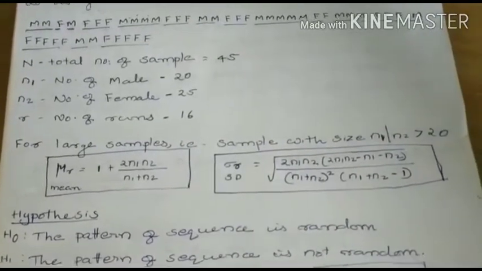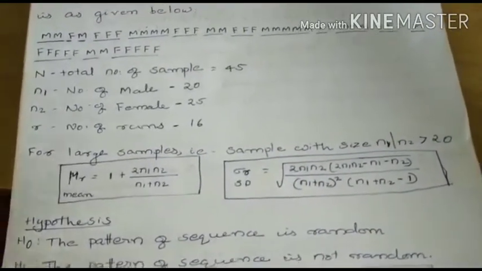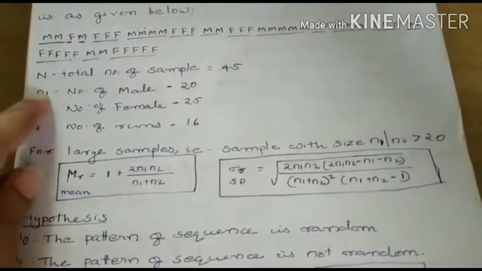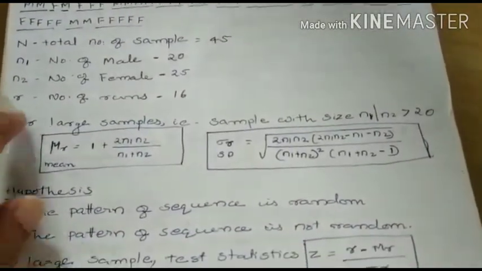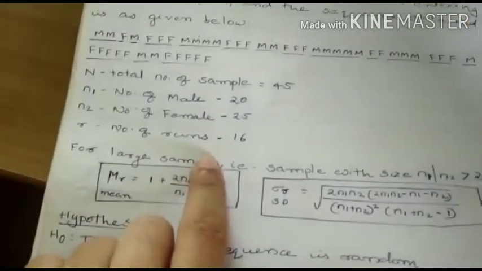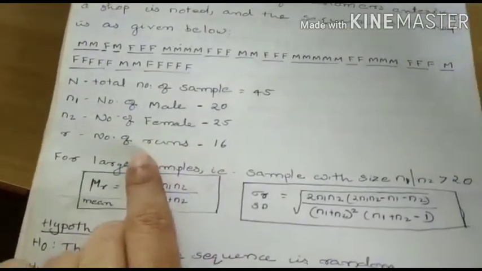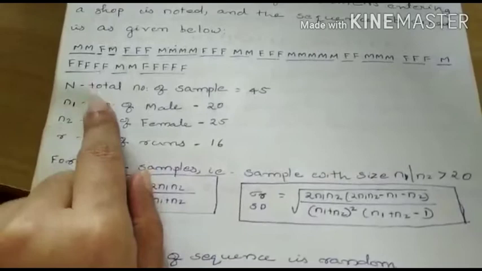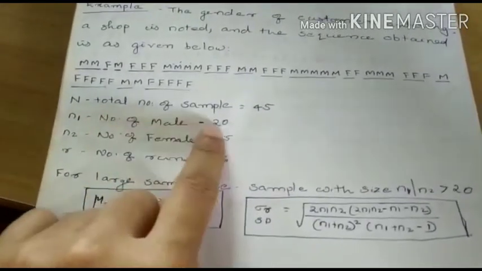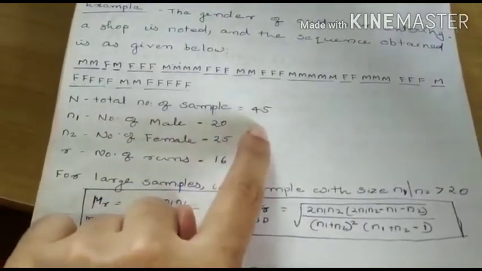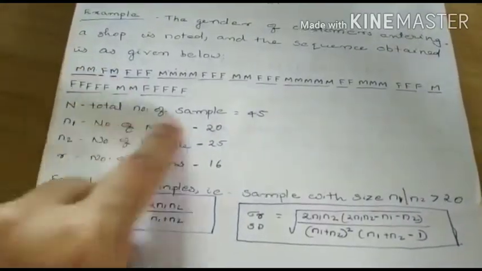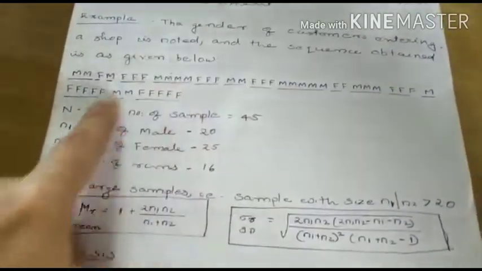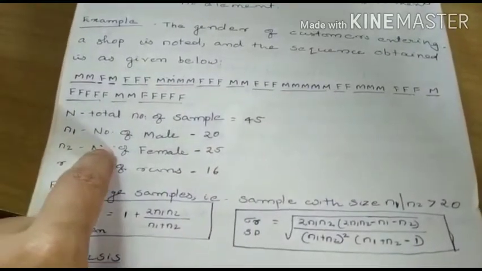Now you can see here that the different variables used for this test, their explanations are being given. N refers to the total number of samples, which is 45, the total number of males and females that entered the shop.